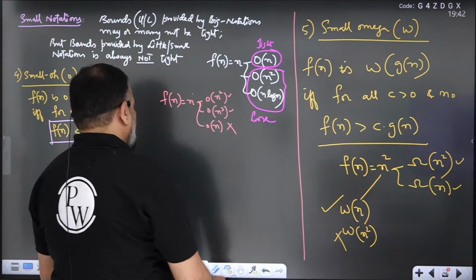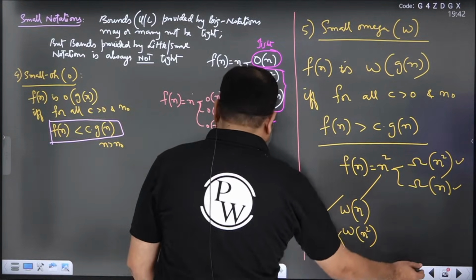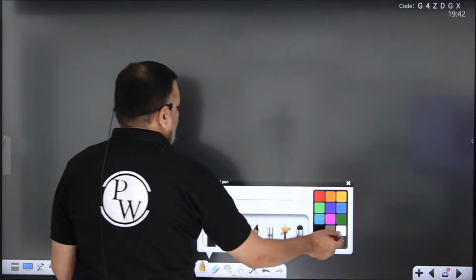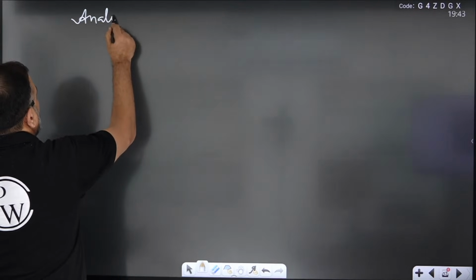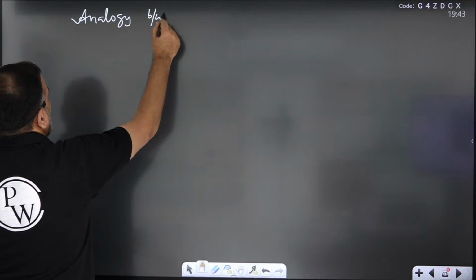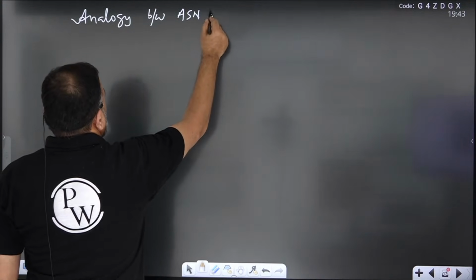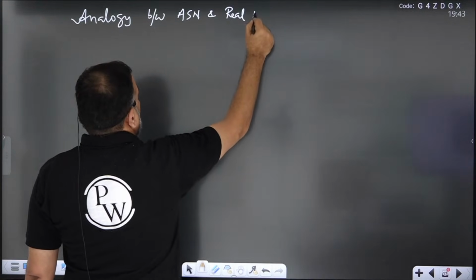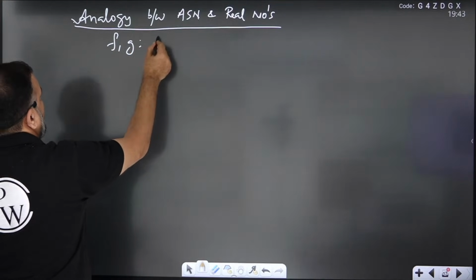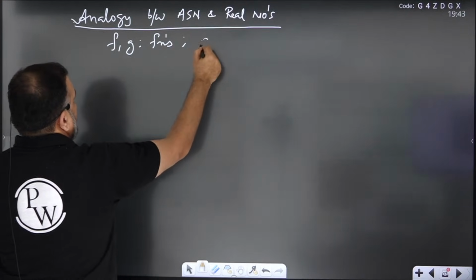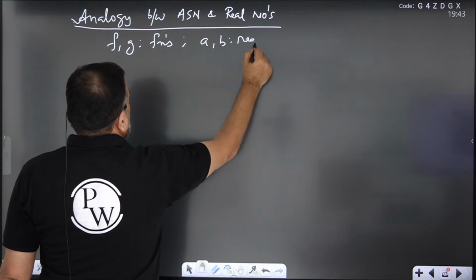Now finally, before I come to the problem solving part, I would like to tell a very important relation as per the Cormen textbook, which is an analogy between asymptotic notations and real numbers. Suppose f and g are positive functions, and a and b are two real numbers.